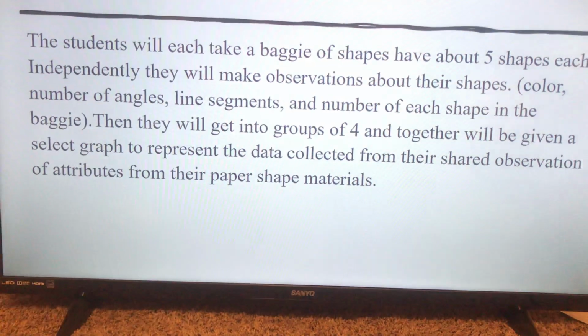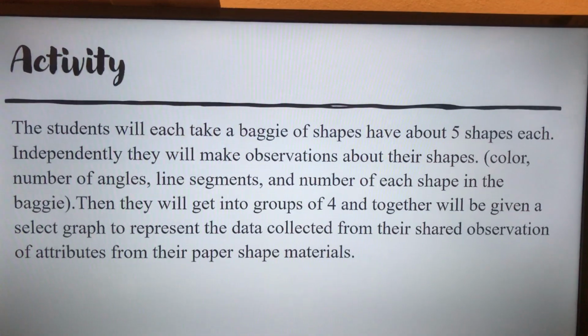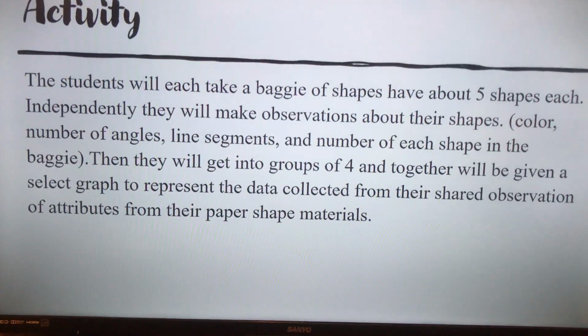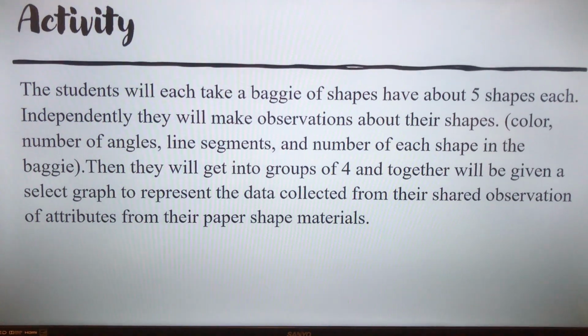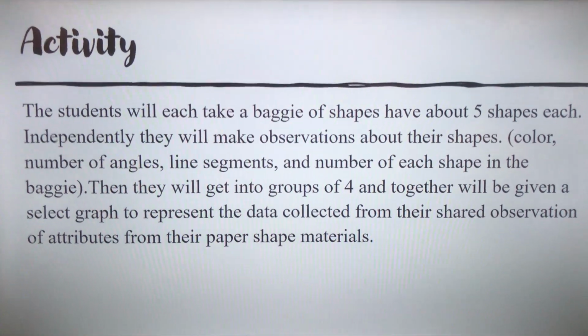So for today's activity, we will have a baggie of shapes, about 5 in each baggie. So I will show you. You want your students to have a baggie each with about 5 shapes in them.